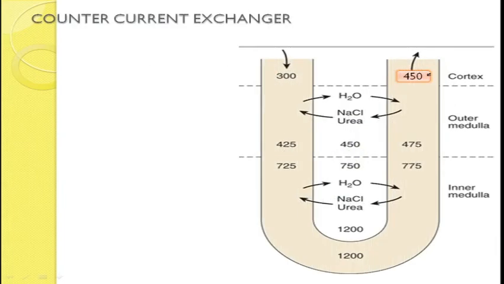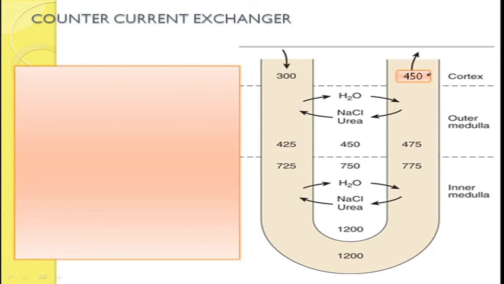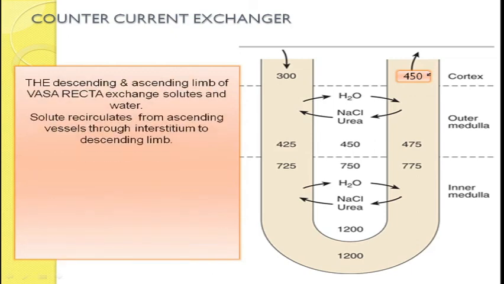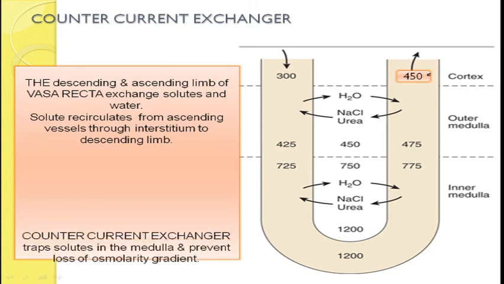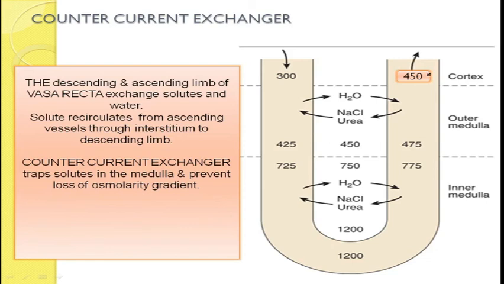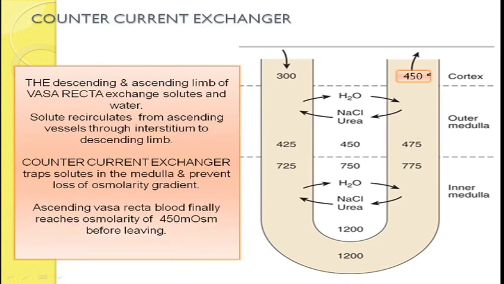So by circulation of the solute between the ascending and descending limbs, and these solutes are sodium chloride as well as urea, the medullary hyperosmolar environment is preserved and the solutes are not lost. This countercurrent mechanism operates as a passive process. It is not an active mechanism. It traps the solutes in the medulla and prevents loss of the osmolar gradient.